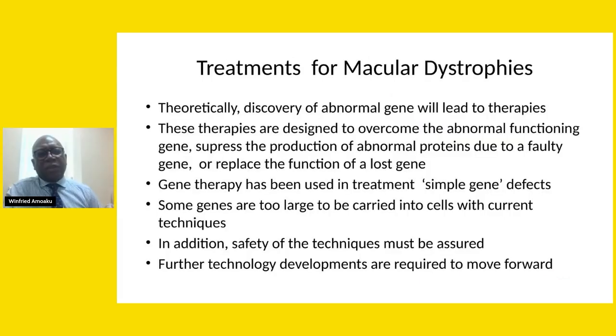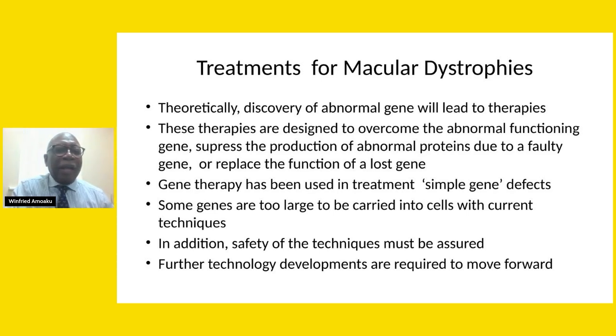What about macular dystrophies? Now, theoretically, the discovery of the abnormal gene will lead to therapies, as I've alluded to already. And these therapies are designed to overcome the abnormal functioning gene or suppress the production of abnormal proteins due to the faulty gene, or to replace the function of a completely lost gene. Okay?